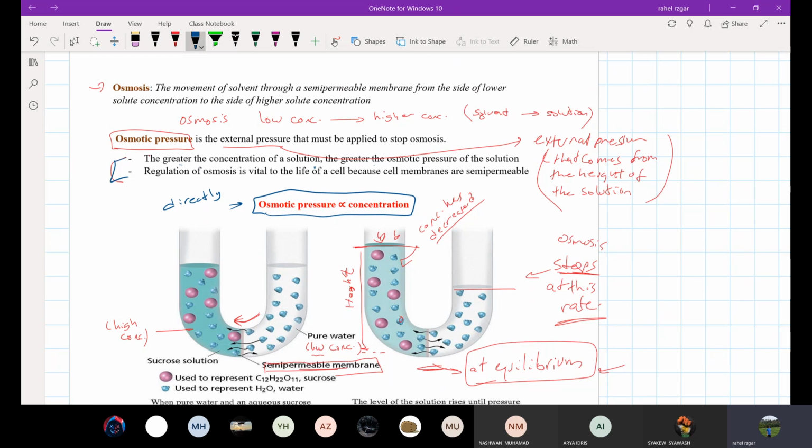The higher the concentration, the higher the osmotic pressure. What does a higher osmotic pressure mean? It means we need more pressure to stop osmosis. If it's more concentrated, it needs more water to absorb, and that's why it needs more pressure to stop the osmosis.